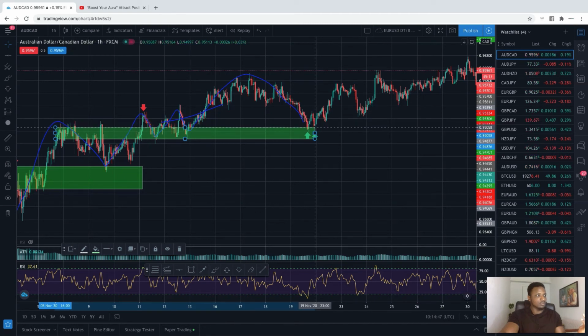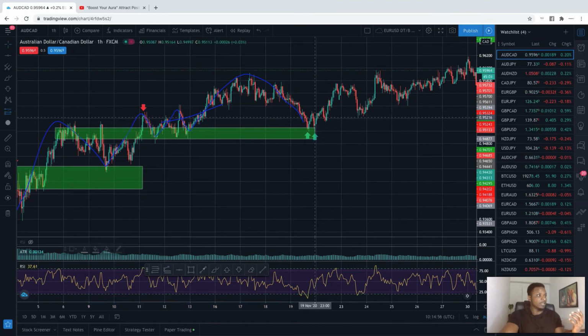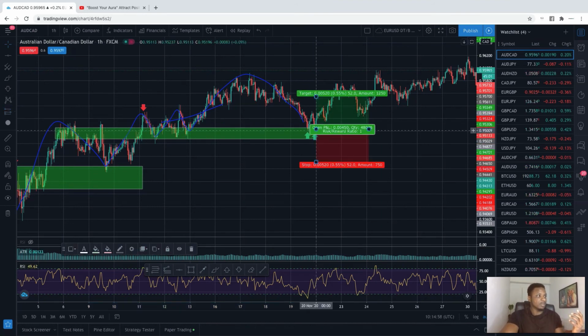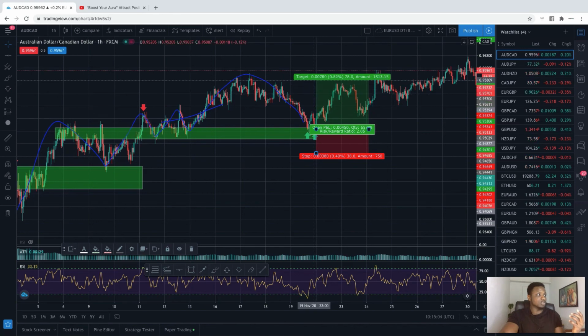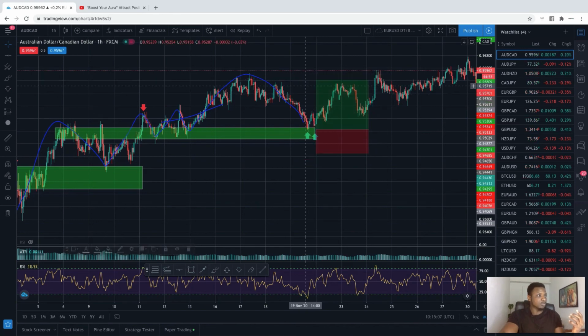Now, this is good for me, because the lower we get, the more chances of me making more if I do take the trade. So what ends up happening is I get an entry here and my stop is just right beneath it. I'm not risking that much at all, but I'm making so much more, as opposed to this example here where I was only making about a 1/10 of what I was risking.